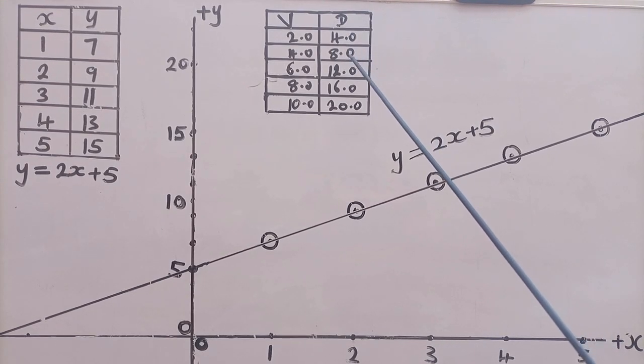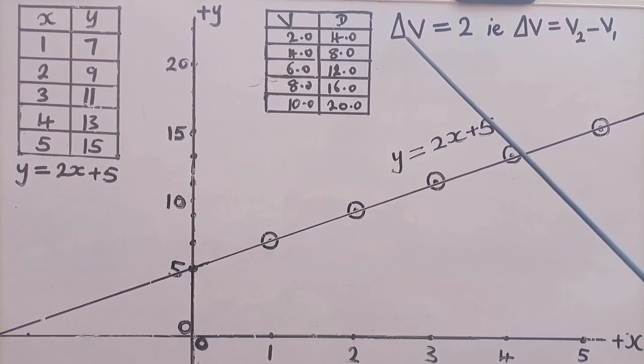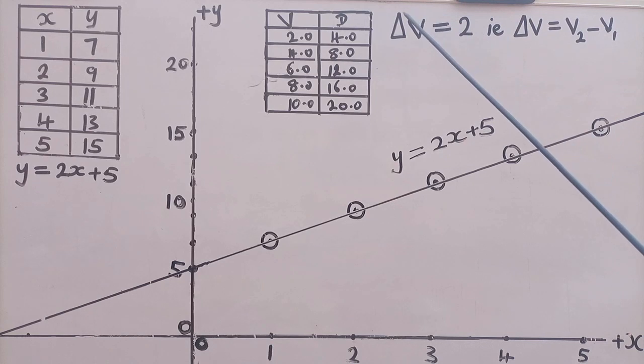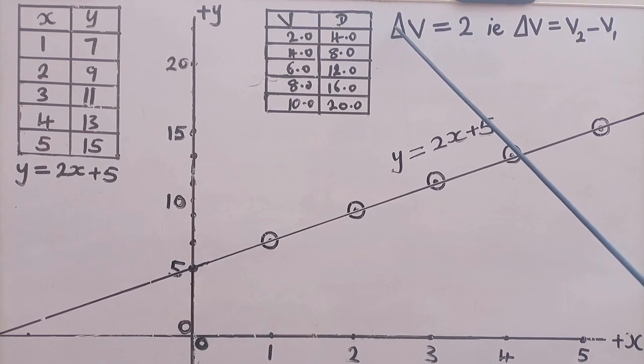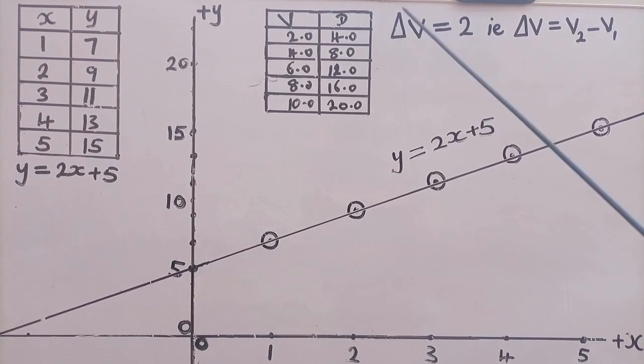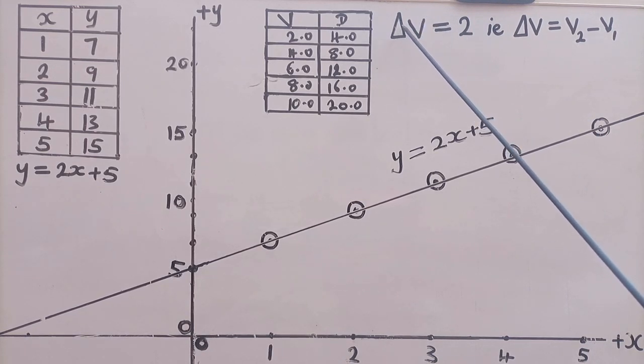Therefore, we write this. Delta V is equal to 2. What does this mean? We know that V refers to volume. What then does this delta refer to? Delta is a Greek alphabet, but it was employed here to show a change.